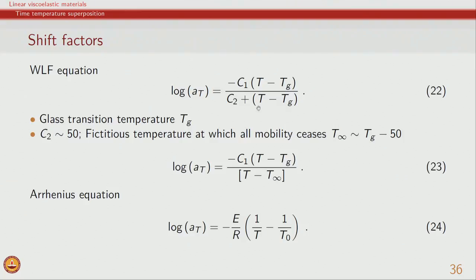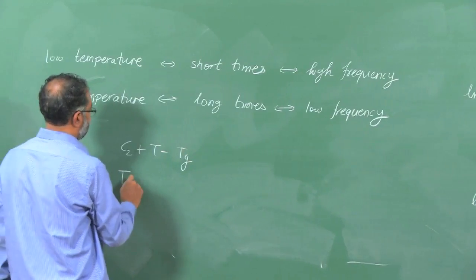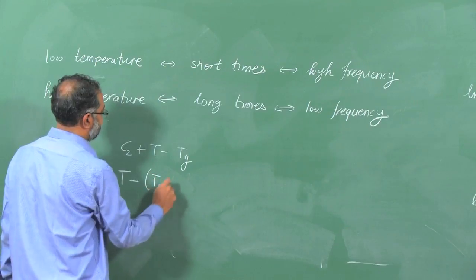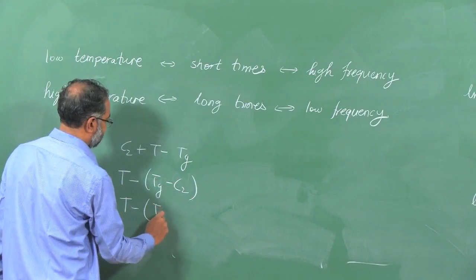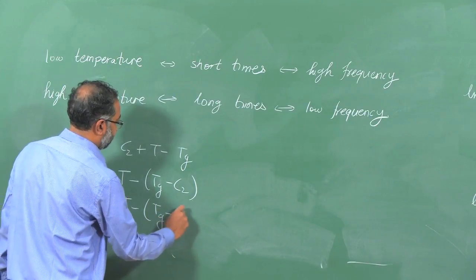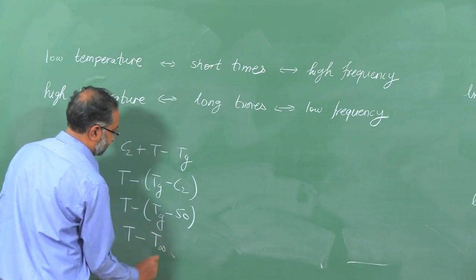So, you could rewrite C2 plus T minus Tg as T minus Tg minus C2, and C2 is generally observed to be 50, and therefore this is T minus T infinity.